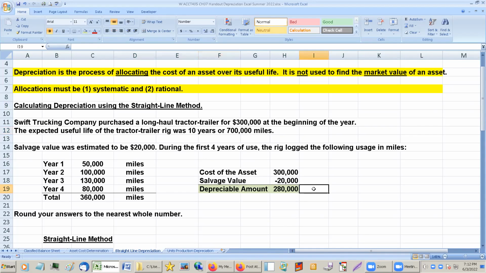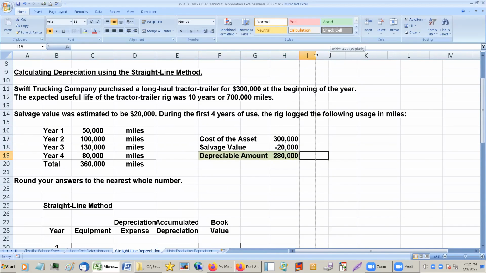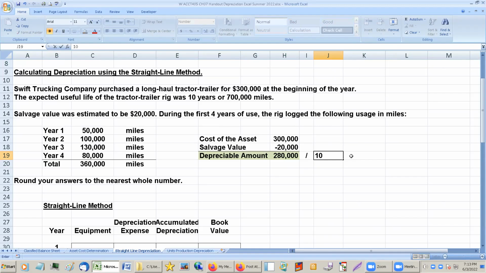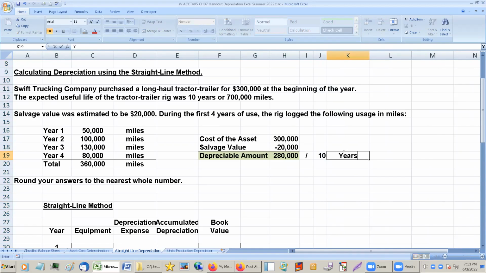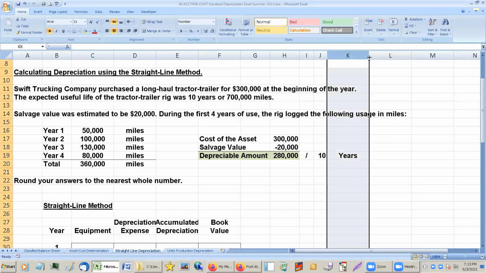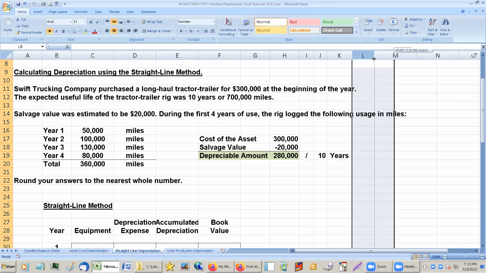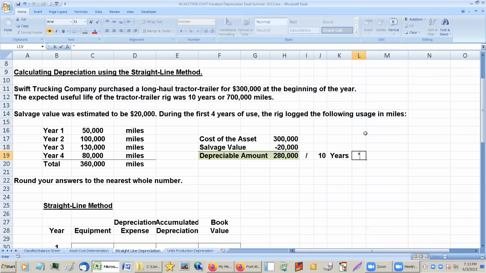So we're going to divide this by 10 years, which equals 28,000 a year.